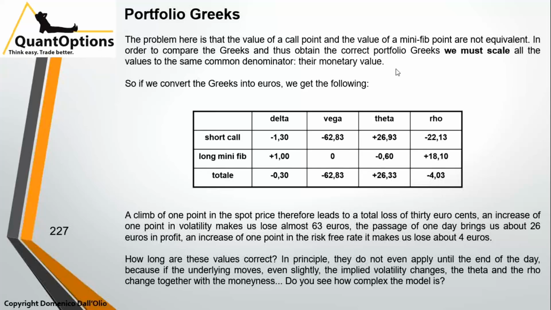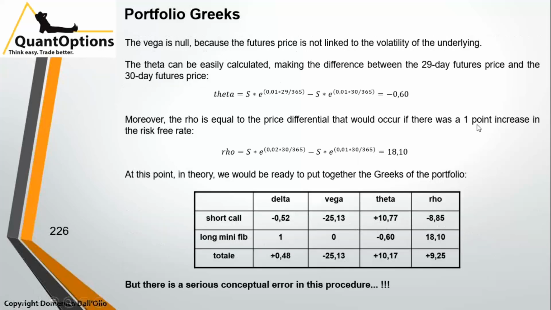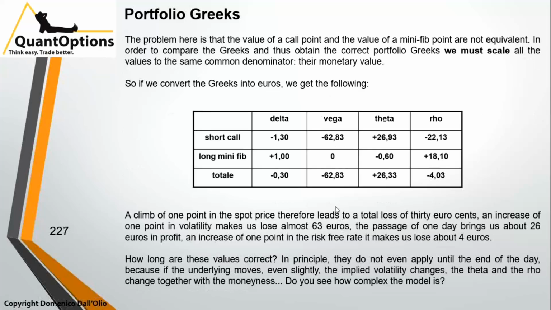So if we convert the Greeks into euros, we get the following. Short call is minus 0.52 times 2.5, which makes minus €1.30. The Vega is, let's go back, minus 25 points times 2.5 euros each, minus €62.83, and so on for the Theta and the rho.